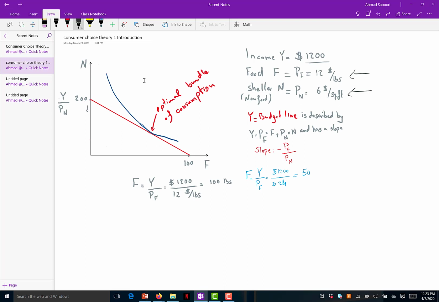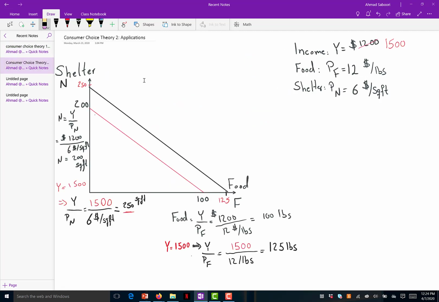You still have it, I still have it written here. As you see, the slope of the budget line represents the price of the good on the x-axis, which is in this case food, divided by the price of the good on the y-axis. So it is essentially nothing else than a price ratio of the price of the good on the x-axis divided by the price of the good on the y-axis.